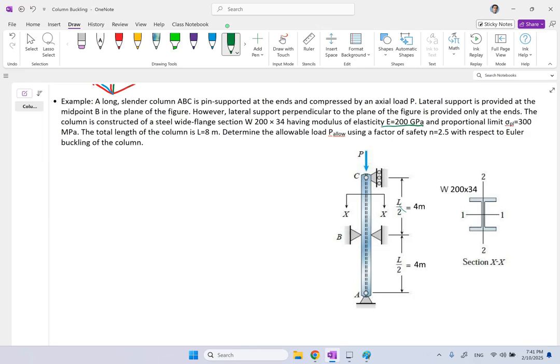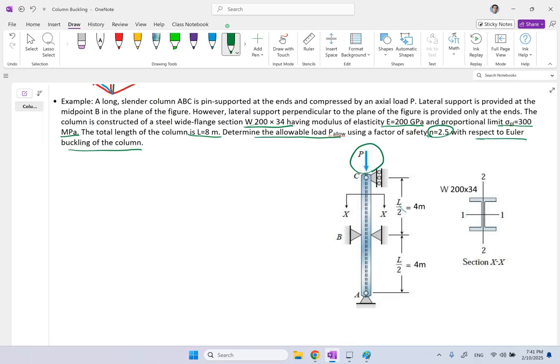The cross section is W200 by 34. The proportional limit for compression is 300 megapascal, and L is 8 meters. We want to know the maximum load you can apply if you want a safety factor of 2.5 for buckling.